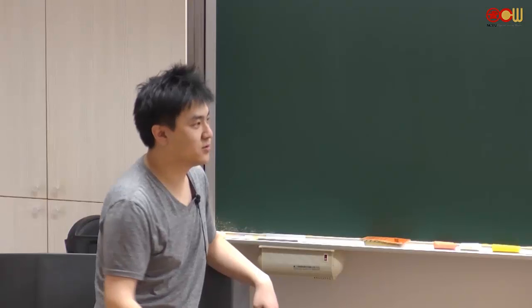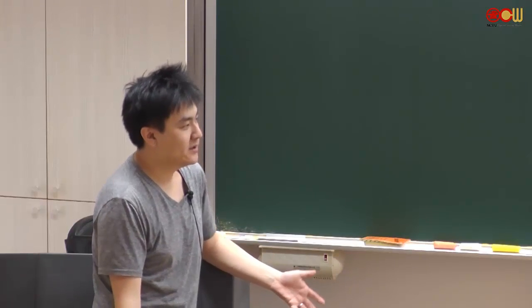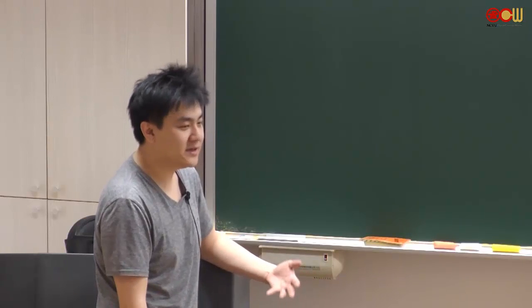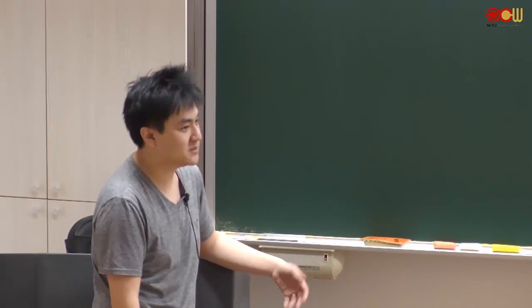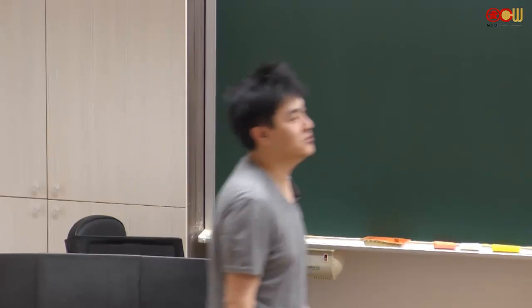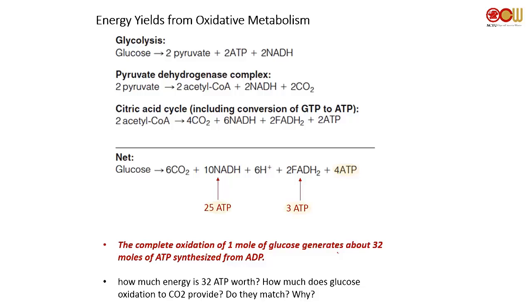So from lecture 2 to today, I basically explained how you make ATP from something simple like glucose. And how many ATP can you make from glucose? If we look at glycolysis at the very top, glycolysis gives you 2 pyruvate, 2 ATP, and 2 NADH. And we can then turn pyruvate into acetyl-CoA.